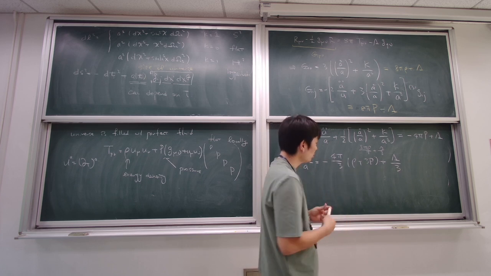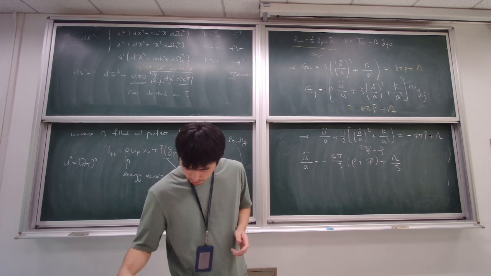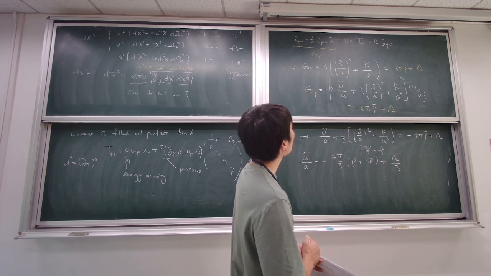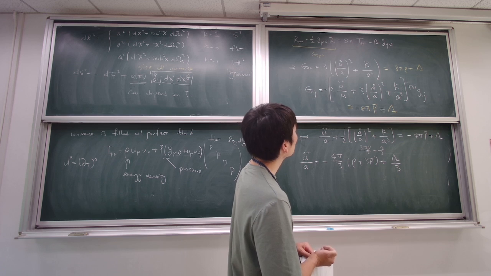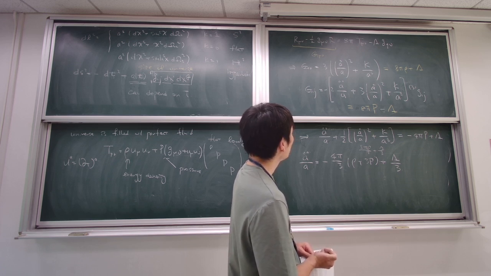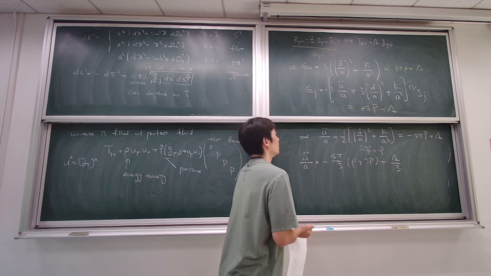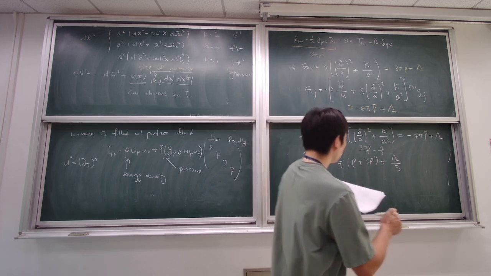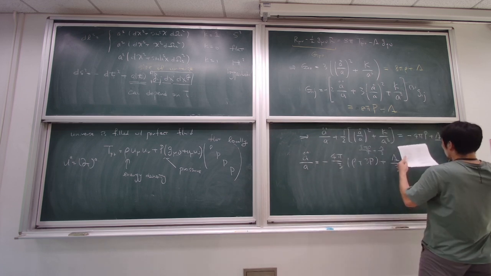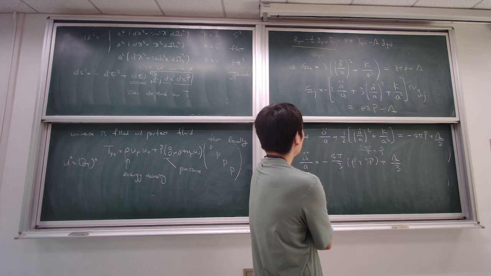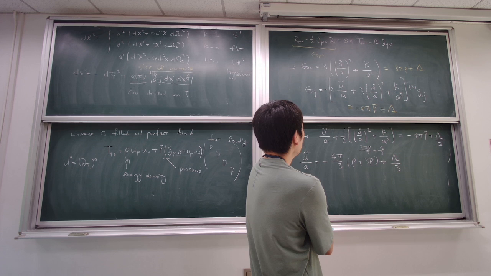bring it to here. Somehow, even the power of lambda is somewhat strange. Did I make a mistake? Can anybody find some mistake? Why is the power of lambda strange? Your notes just have the power of c. You're right, this is actually 2 divided by 2. But still somehow the powers look strange to me.